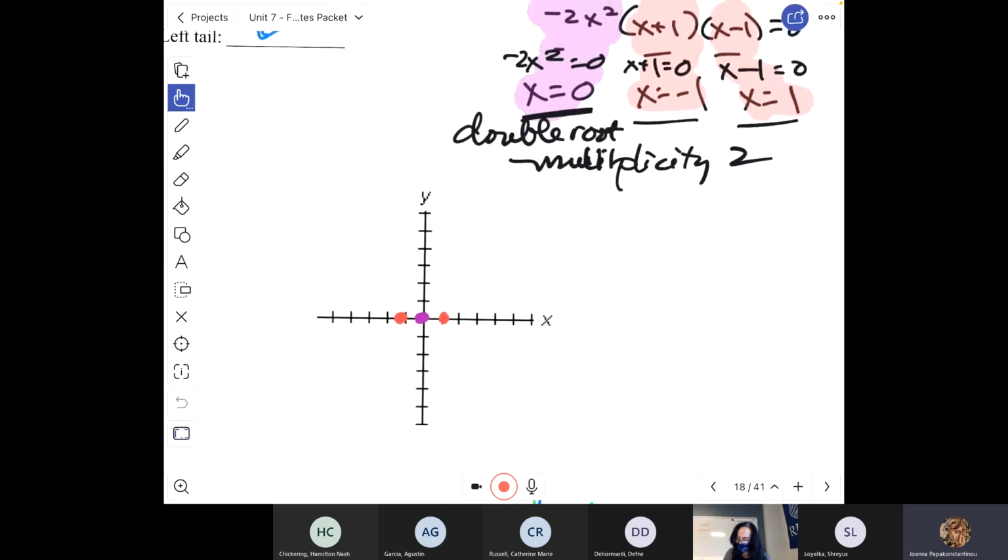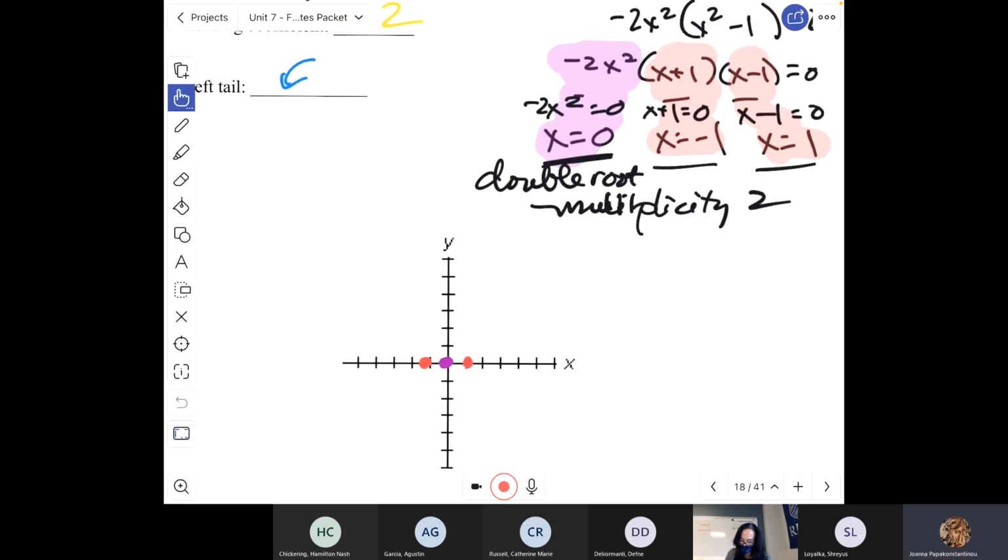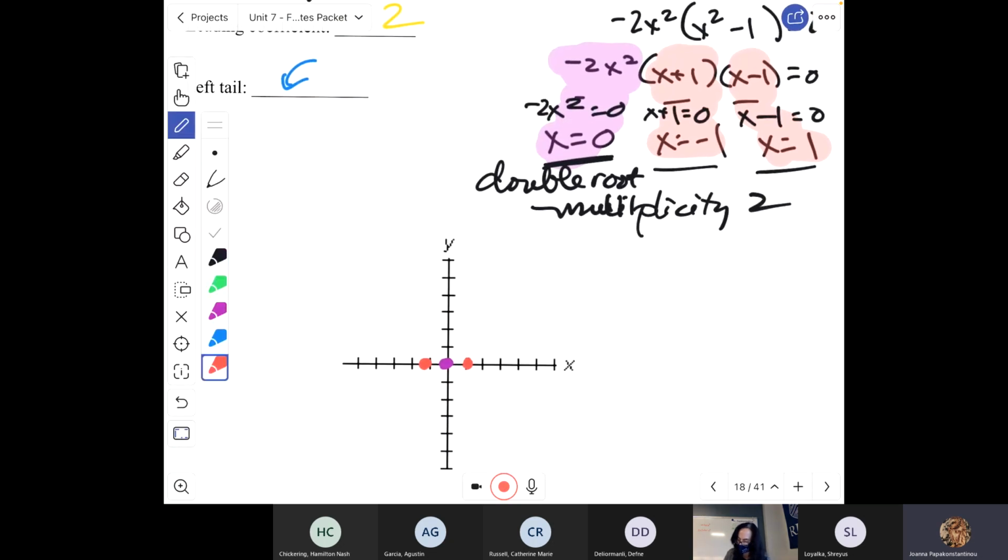We said the right tail did what? The right tail went down, didn't it? What did the left tail do? It also went down. We know that this is a single root, so I'm crossing. I know this is a single root, so I'm crossing.